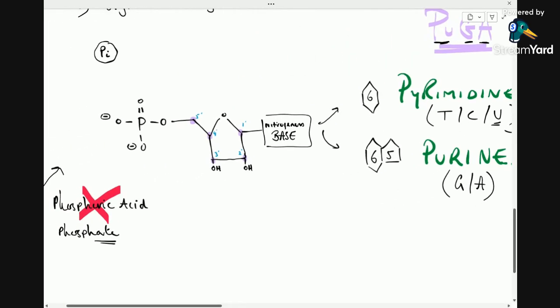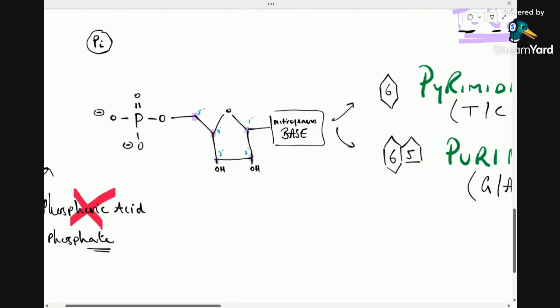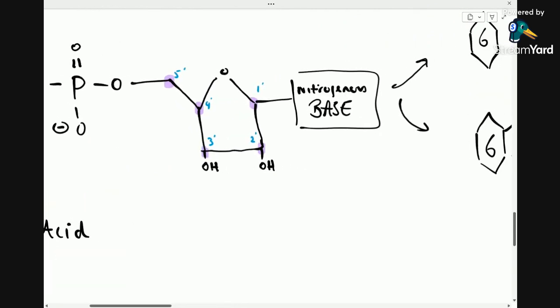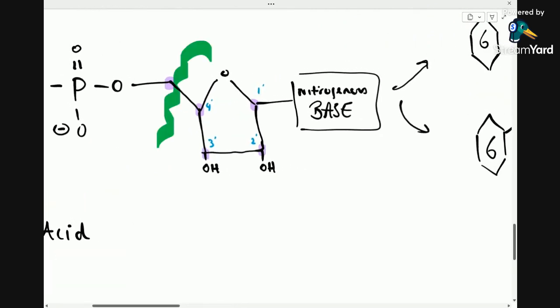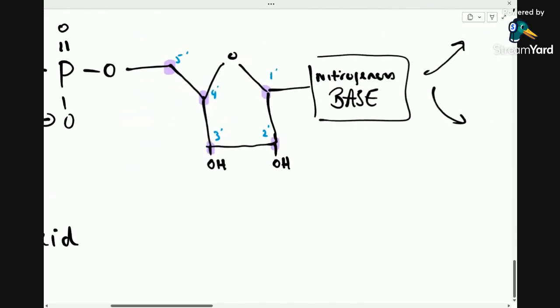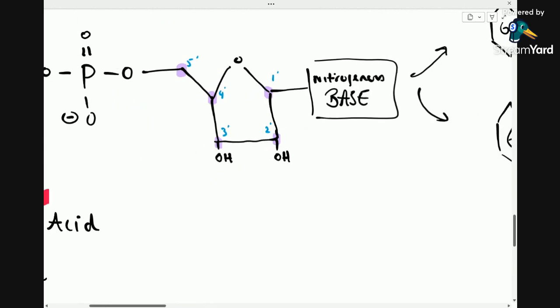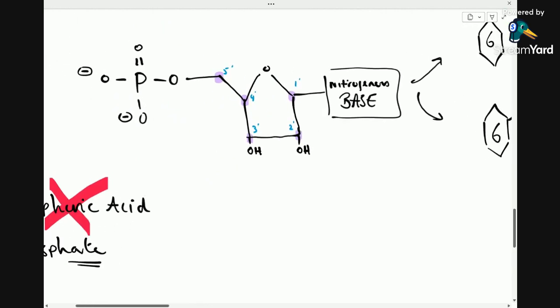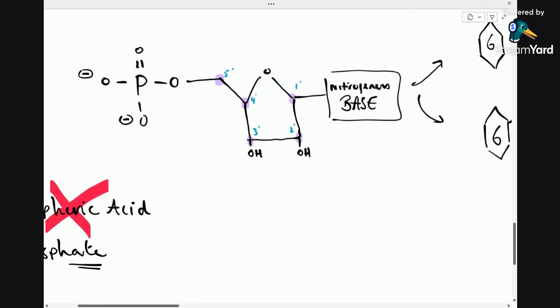So that is what your nucleotide looks like. And just to point out, going back to this sugar in the middle here, you've got 2 types, okay? This is ribose, okay? So ribose is just the standard sugar as I've drawn it here.